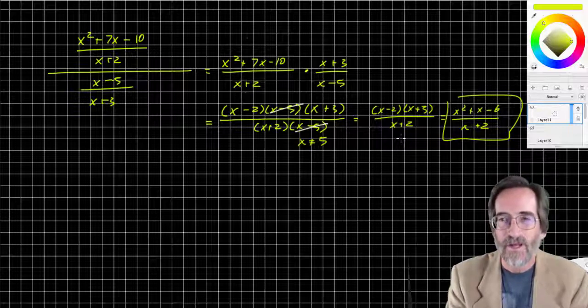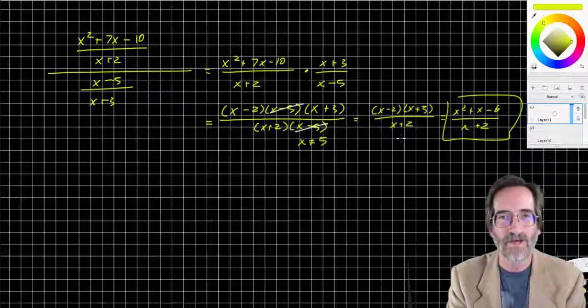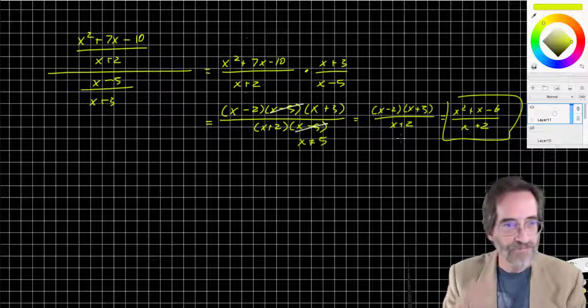Okay, and I'm going to leave you to explore that with the lesson. But two rational functions added, subtracted, multiplied, or divided produce another rational function, and that's the idea of closure. All right.